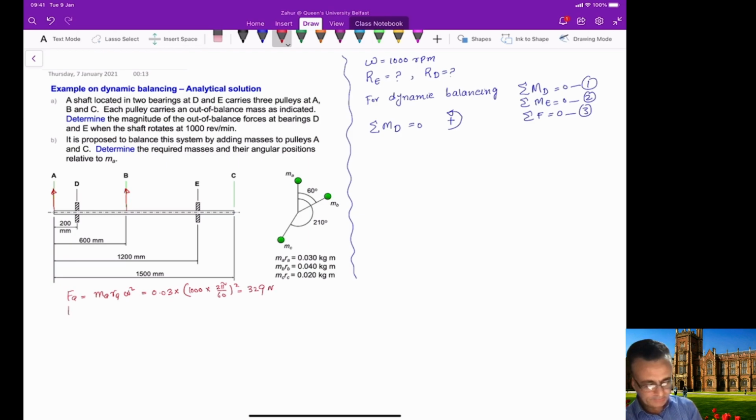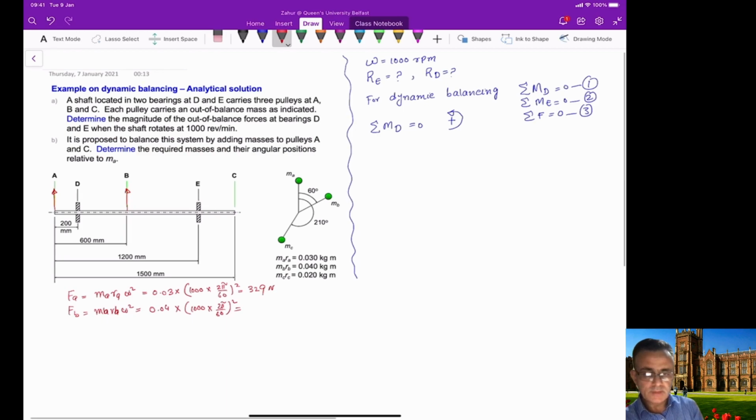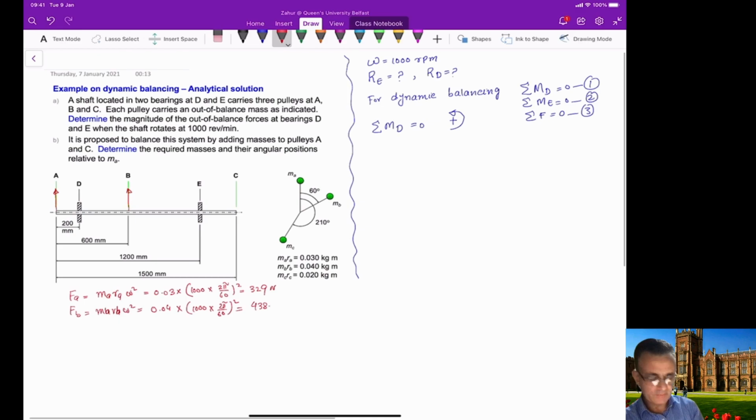Similarly, FB will be equal to MB RB omega square, which will be 0.04 times the same 1000 into 2 pi divided by 60 squared, and this should provide you with 438.6 Newton.